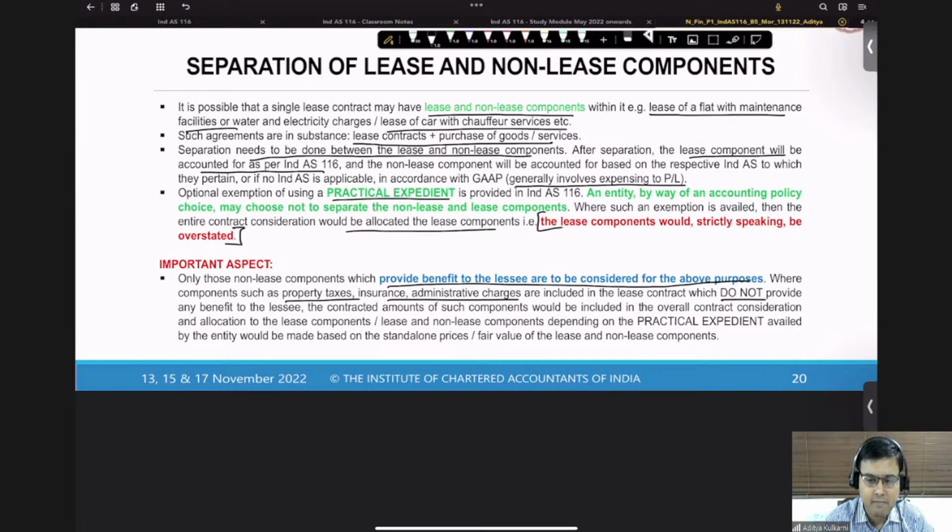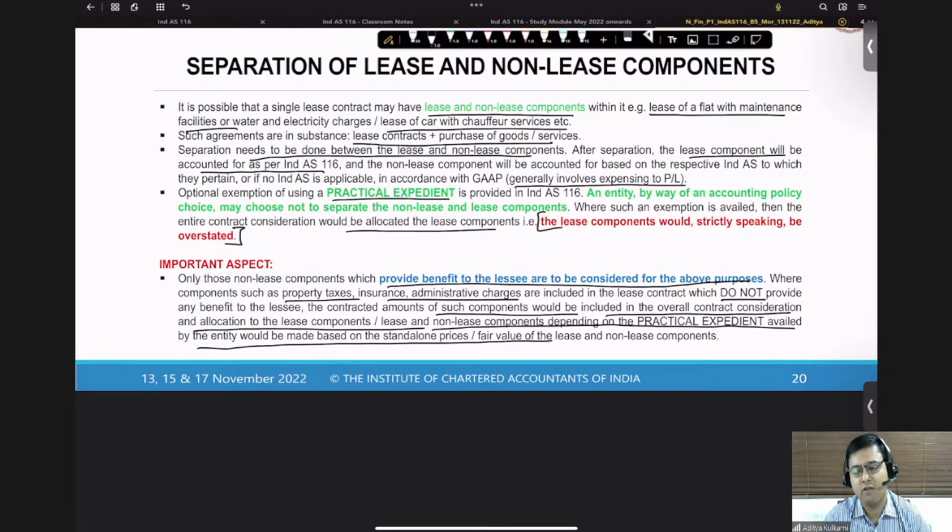The contracted amount of such components would be included in the overall contract consideration, and allocation to the lease and non-lease components, depending on the practical expedient, would be made based on the standalone prices or the fair value. So whatever is allocated to that component which is not benefiting the lessee, you will allocate that based on the standalone prices or fair value.